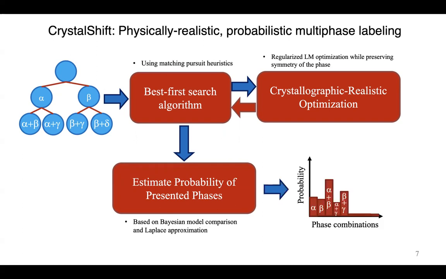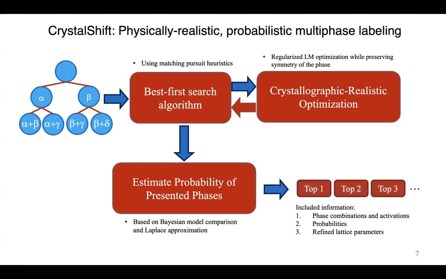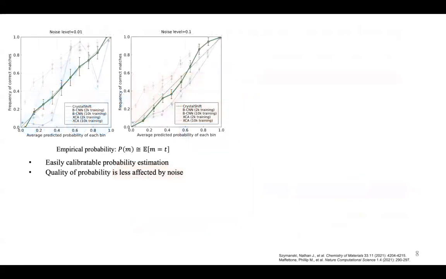The outcome will be the probability versus the phase combination distribution. Then we can sort it and return the top candidates. Each of these candidates will contain the following information: their phase combinations and their activations, the corresponding probabilities, and their refined lattice parameters. So this is just going through this at a really high level. This should be published soon.